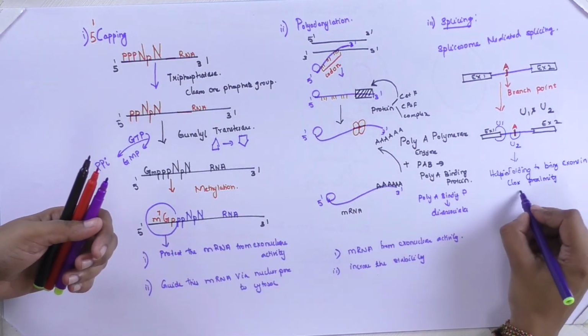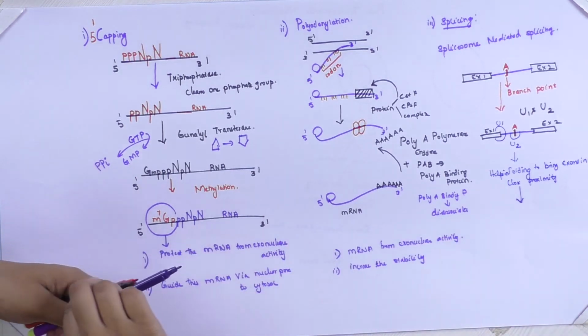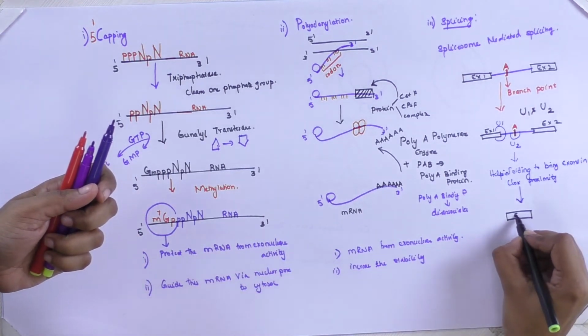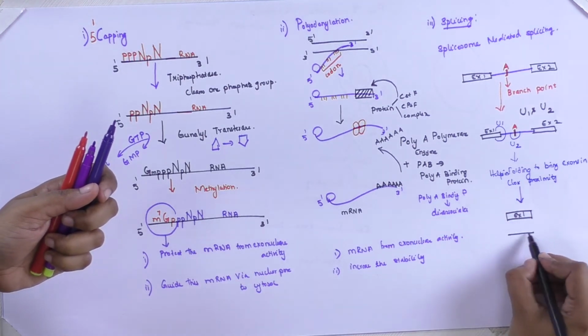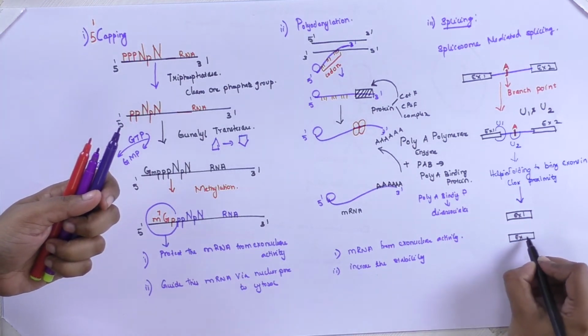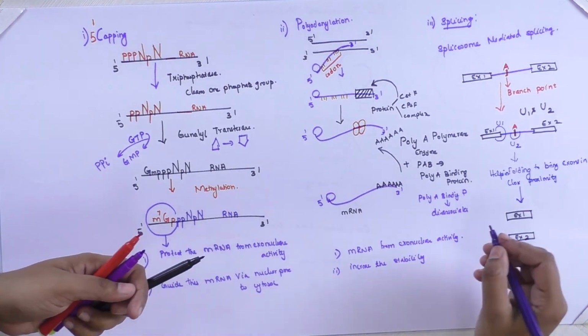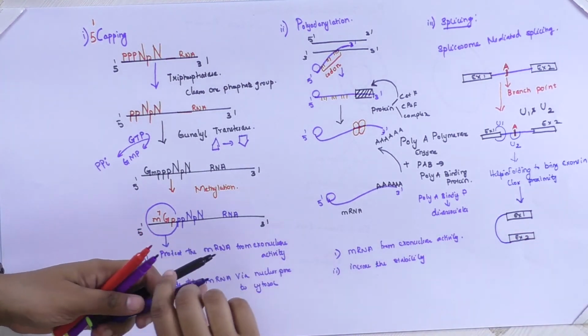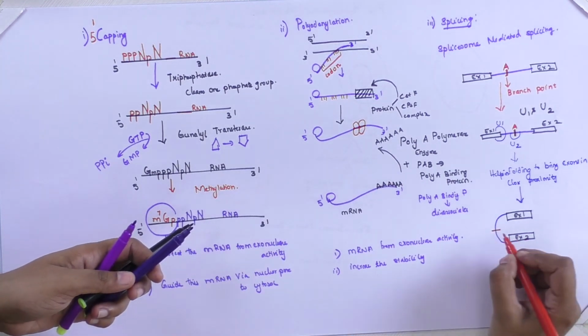So next, if you look, the folding takes place: exon 1, exon 2, and you'll have the intron with the branch point.